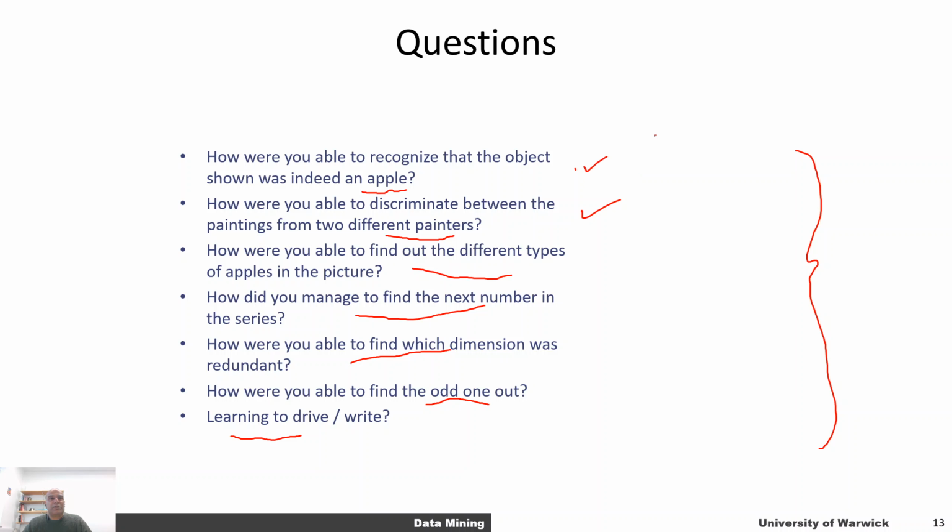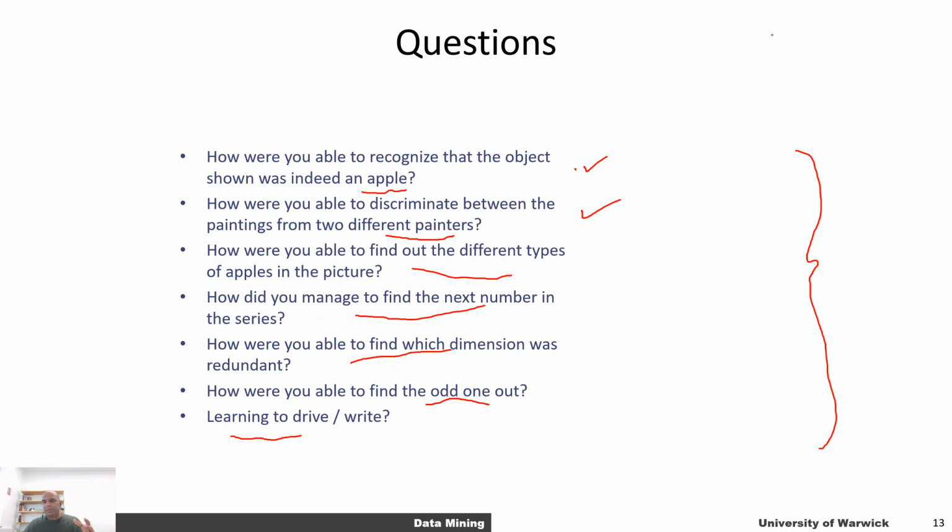In the other example, you were able to identify a given object as an apple, though that particular apple, you probably had never seen before. But again, you demonstrated an ability to generalize, and that is common.